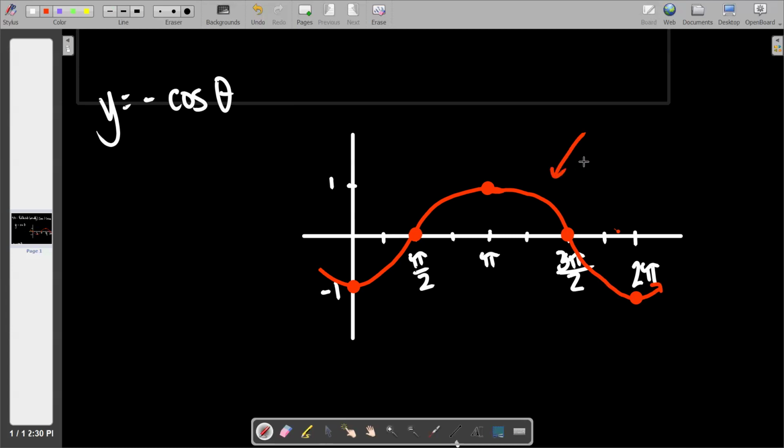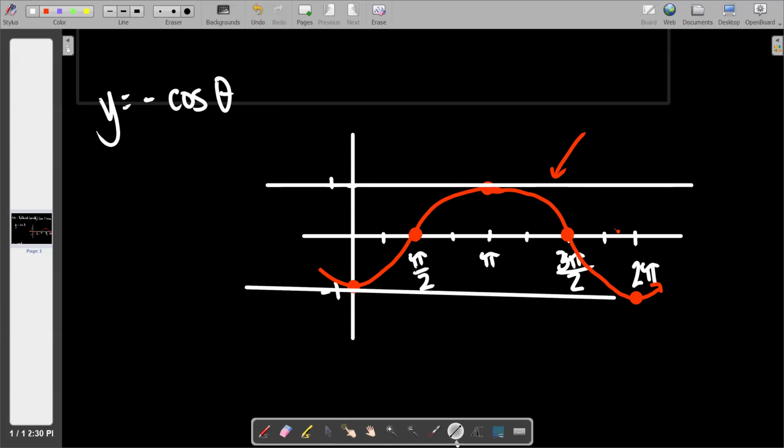All right, so you ready to do the modifications? Piece of cake. By the way, one little trick, and I'll show you this more in a minute. It's not as applicable to a simple graph like this. But one thing I'm going to encourage you to start doing is sketching 3 lines on every problem: the midline, the max line, and the bottom line.